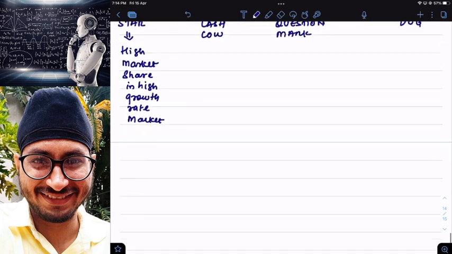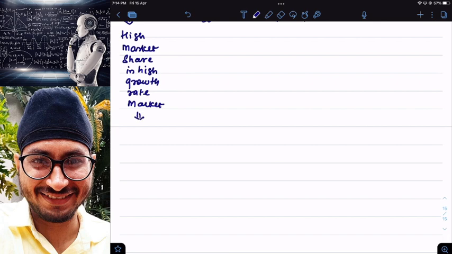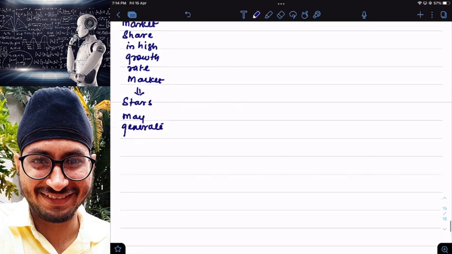It is considered as star. Now remember one thing, stars may generate huge cash flows.